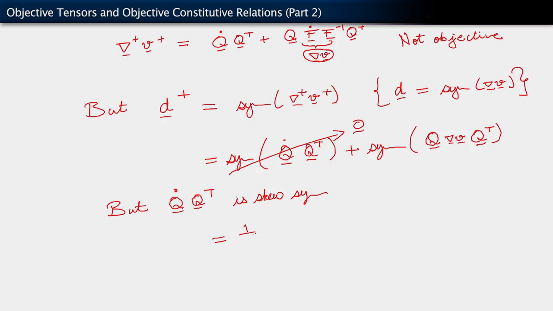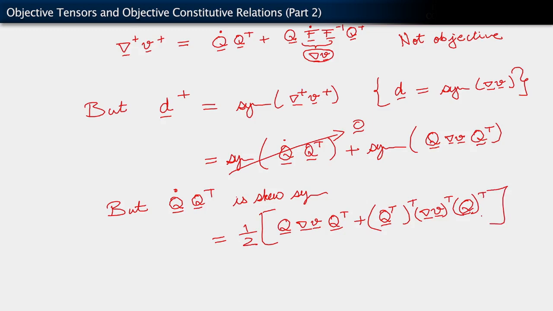The symmetric part of the second term is 1/2 the term originally plus its transpose. But what is the transpose of that object? It is Q transpose, the whole transpose, gradient of v transpose, Q transpose. The transpose of a product is the product of the transposes, but with the order flipped.